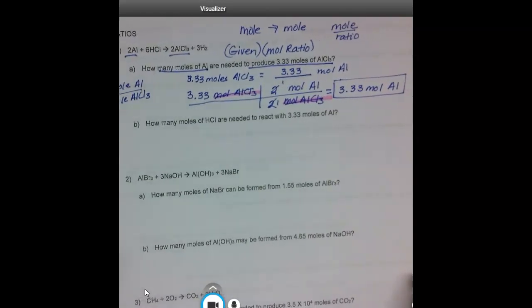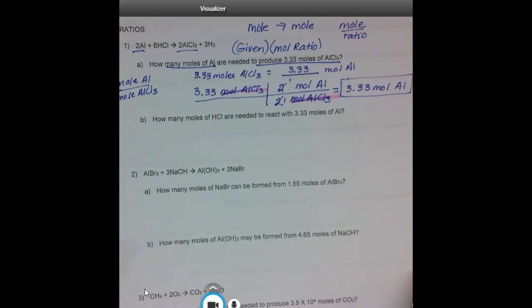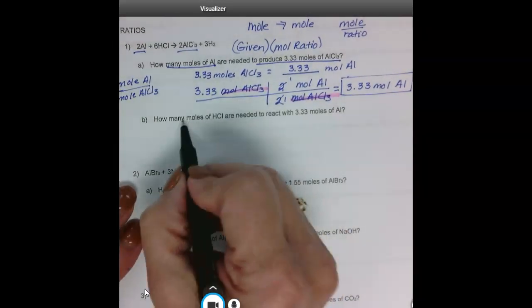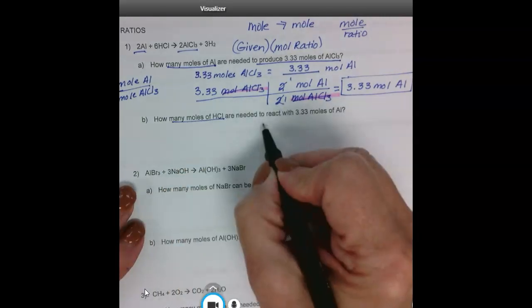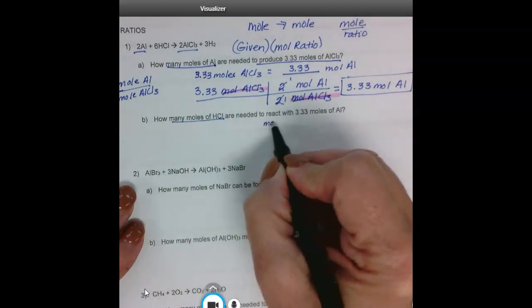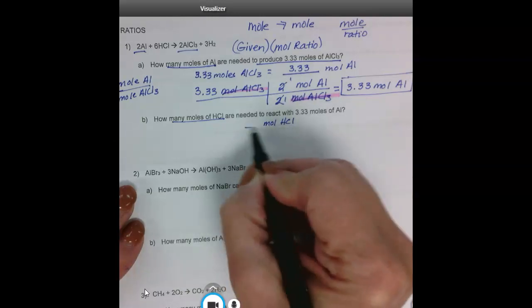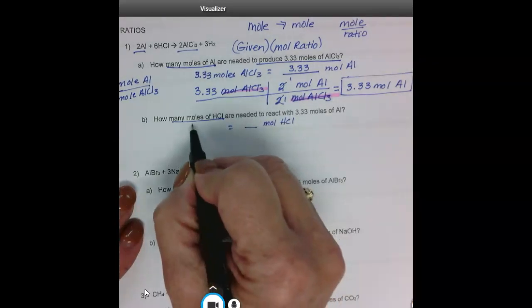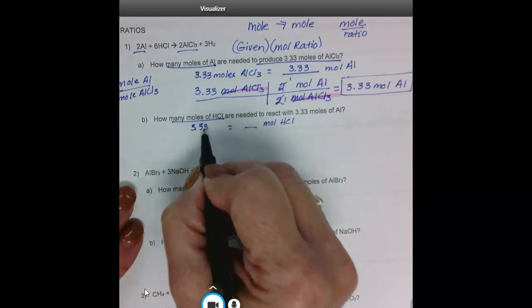Okay, so now let's do the next one. Again, I'm still using the same equation, but this time they want to know how many moles of hydrochloric acid are needed to react with the 3.33 moles of aluminum.